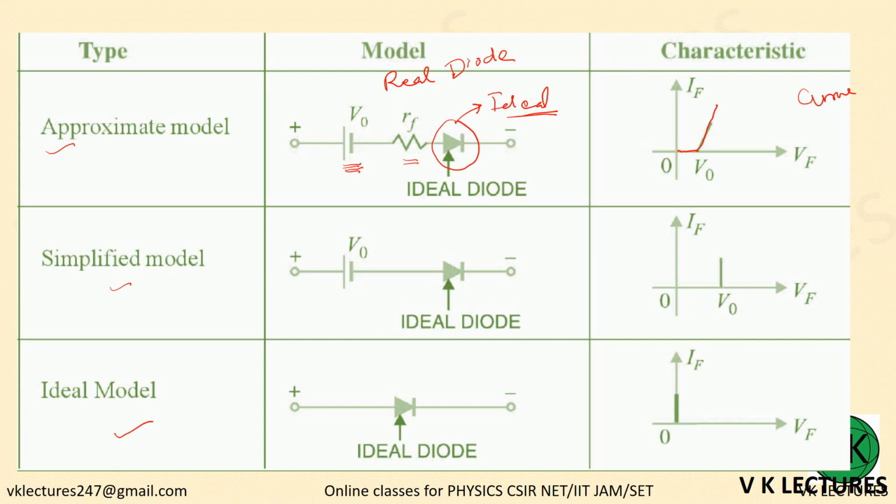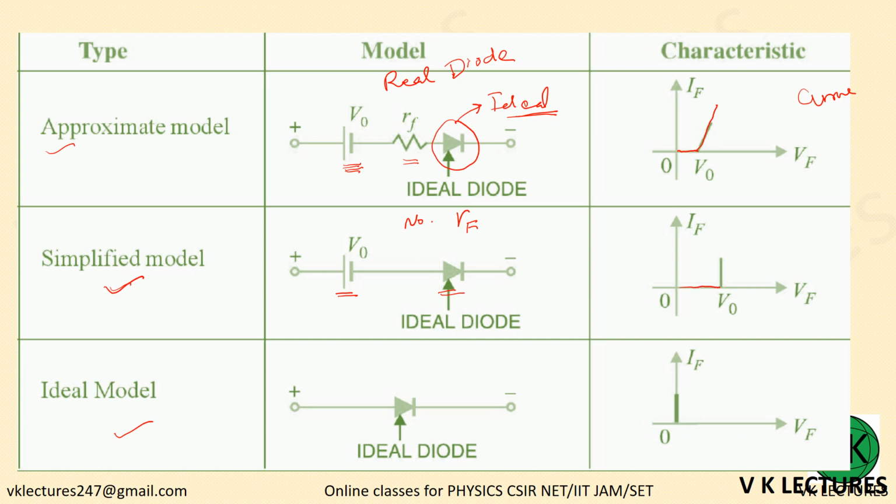Now another is the simplified model. Simplified model means there is no forward resistance. RF is missing. Only there is V0, that is the barrier voltage, and an ideal diode. So how will it behave?